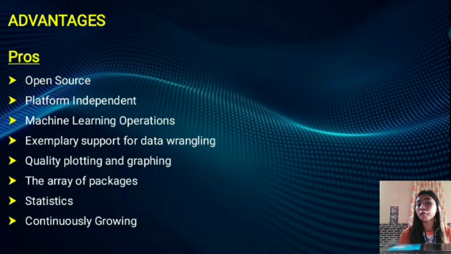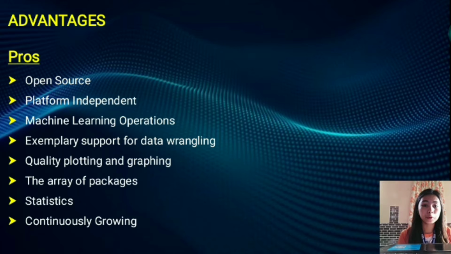R provides various facilities for carrying out machine learning operations like classification, regression, and also provides features for developing artificial neural networks.